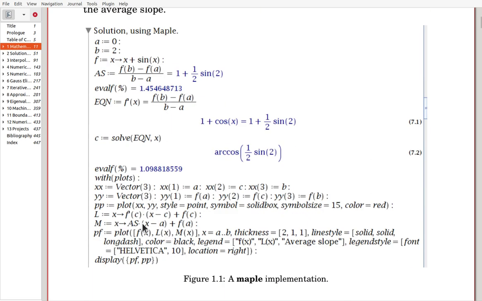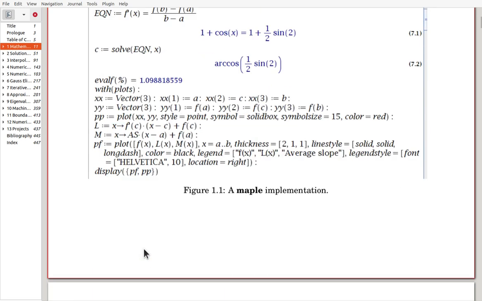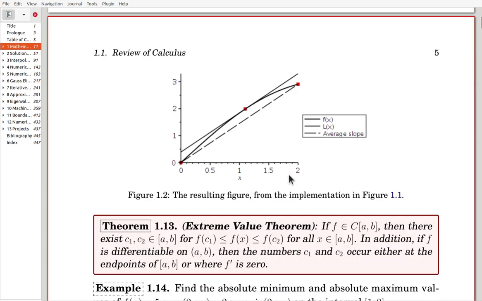Now this portion is for plotting. And we see here the plot. f of x is this curve, and then that represents the average slope. And this point is c, about 1.1. And this tangent line is parallel to this line.